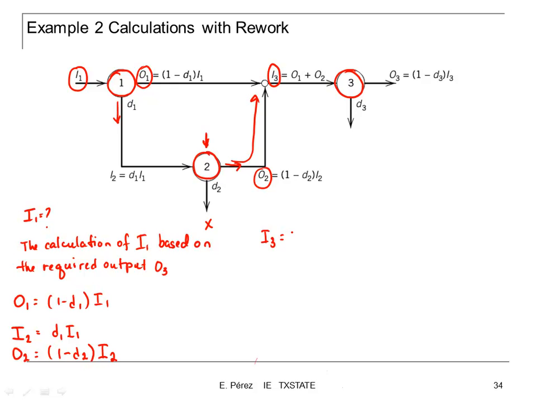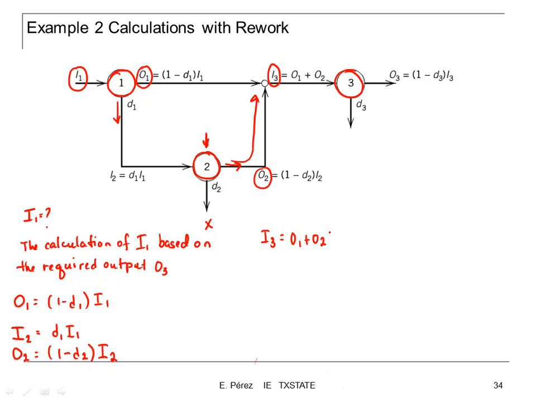And we know that's going to be equal to O1 plus O2, which is the output of the first station and the output of the rework station. Both of them combined will give you the input of the third station.